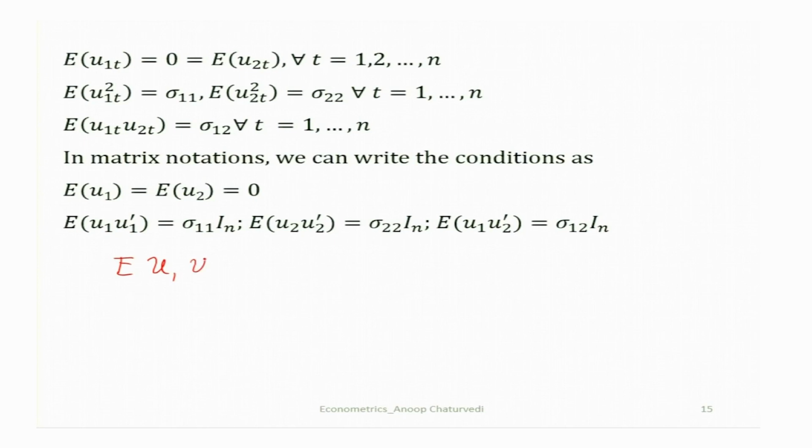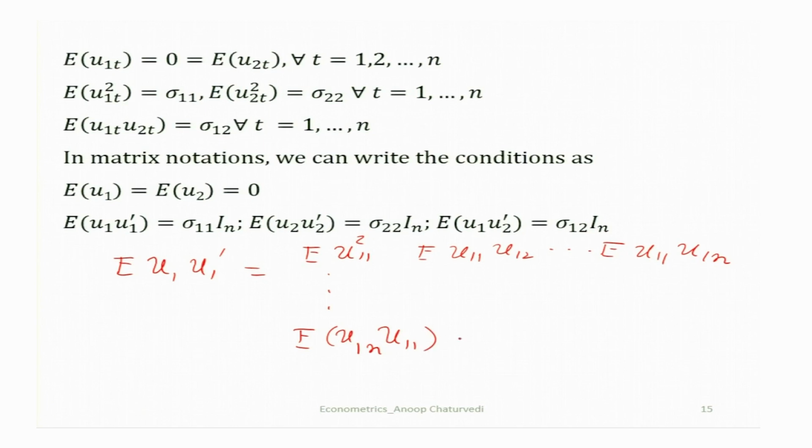Then if you look at expected value of u1 u1 transpose, this is equal to expected value of u11 square, expectation of u11 u12, and so on, expectation of u11 u1n, and so on, up to expected value of u1n square.